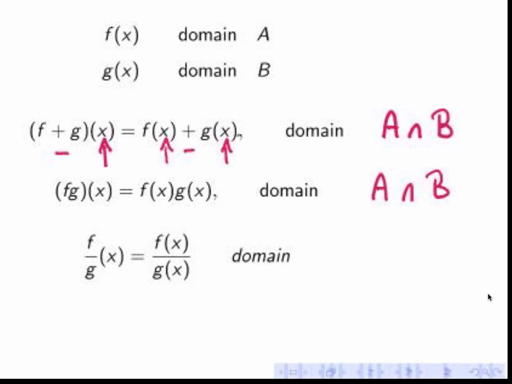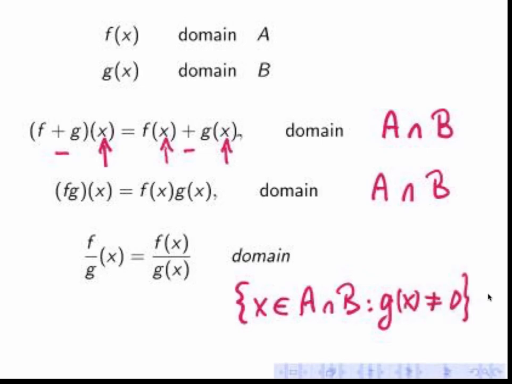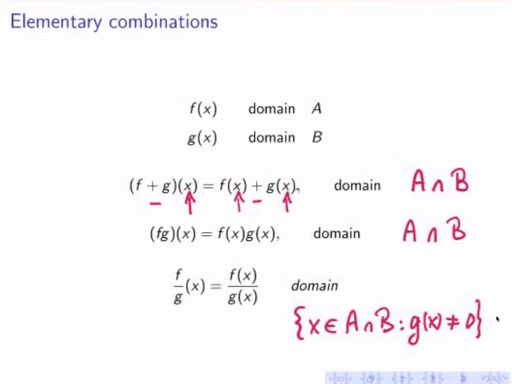However, here we need to ensure that g of x is not 0, because we know we can't divide by 0. So here we write the domain is the set of all points x in A intersection B, so that g of x is non-zero. And so this way we can already create a whole bunch of different functions.